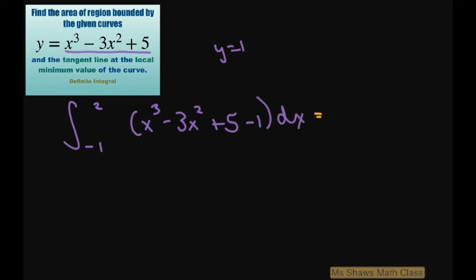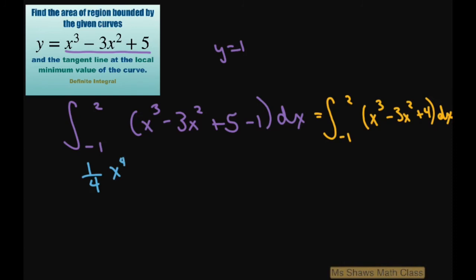Again, this can simplify to the integral from negative 1 to 2 of x cubed minus 3x squared plus 4 dx. So let's integrate this. This is going to equal 1 divided by 4, x to the power 4 minus x cubed plus 4x, and evaluate this from negative 1 to 2.